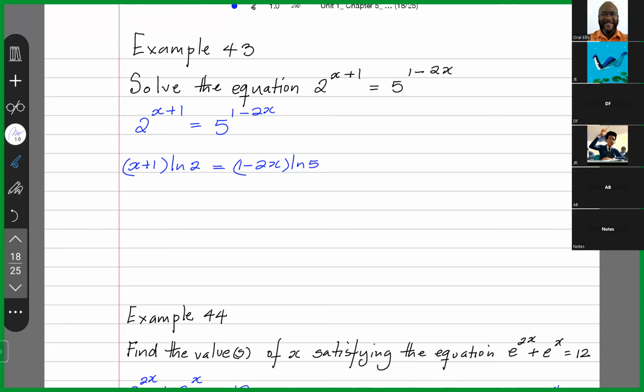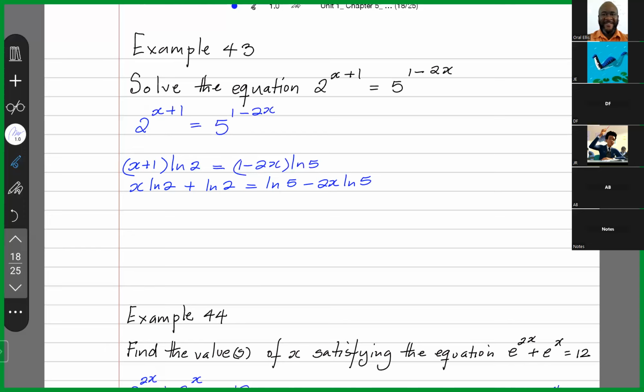So remember, our objective is to determine what x is. I'm going to apply the distributive law to get whatever is inside multiplied by what is immediately outside. So I have x ln 2 plus ln 2 is equal to ln 5 minus 2x ln 5.